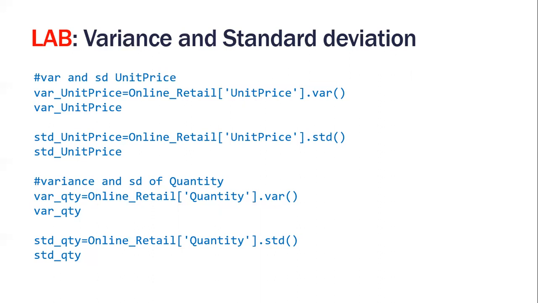First tell me unit price, variance and standard deviation. Quantity is 83,695 and then 289.